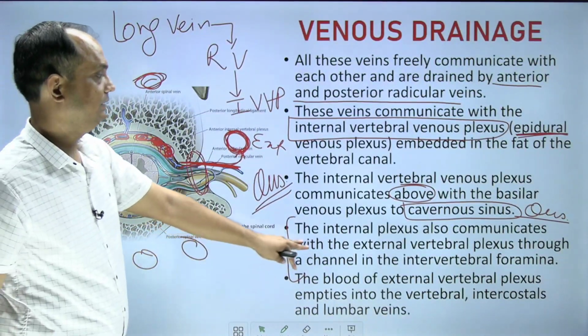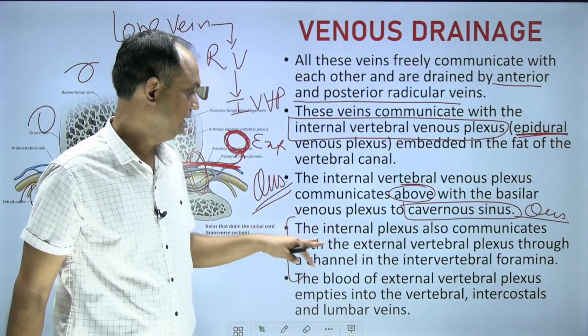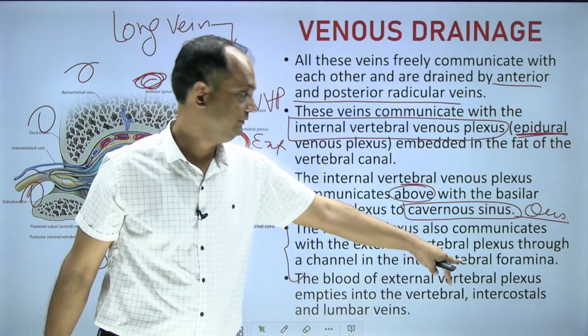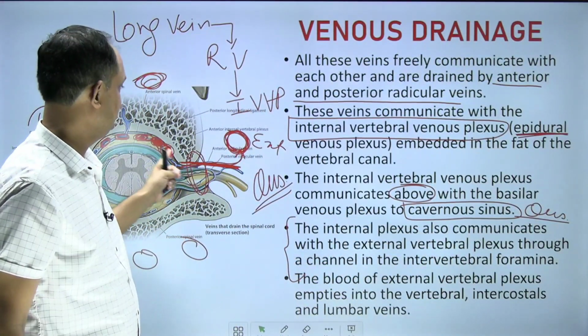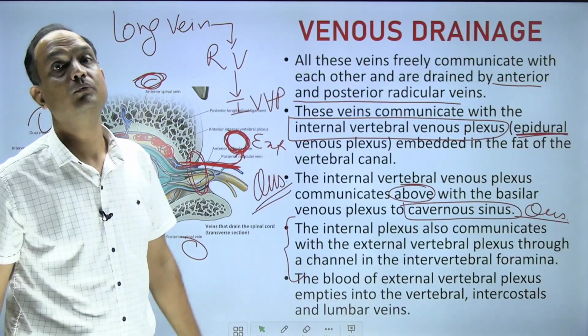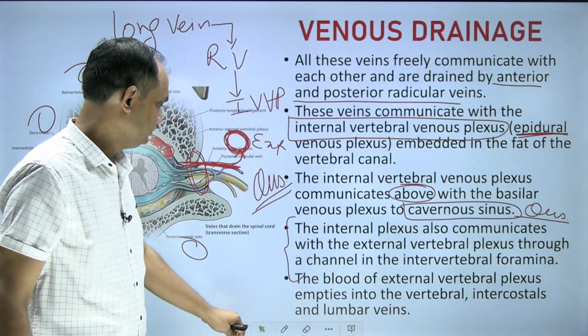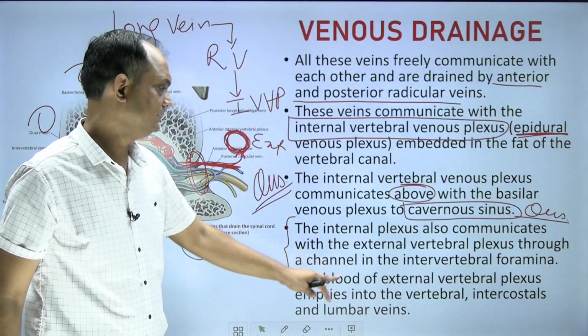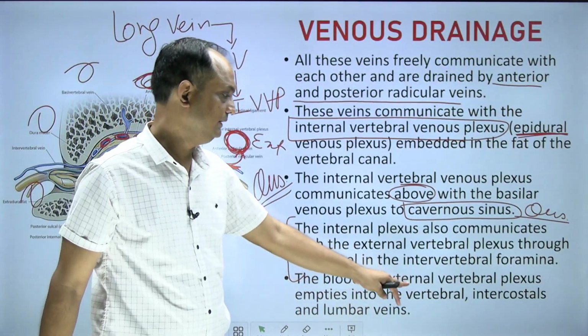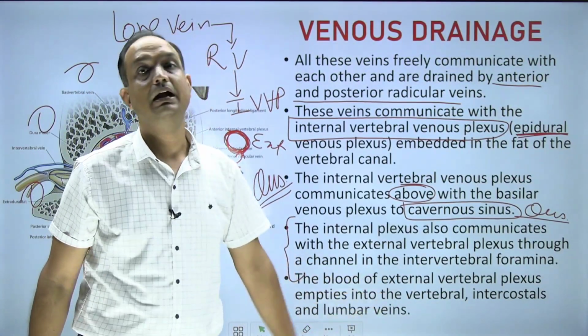Clear? So the internal plexus veins communicate with the external plexus veins through the channels passing through the intervertebral foramina. The blood from the external venous plexus empties into the vertebral veins, intercostal veins and lumbar veins.